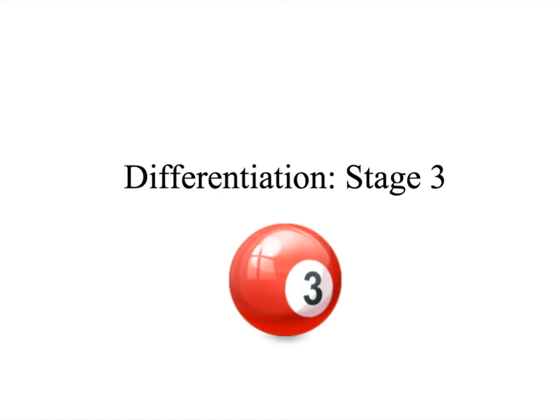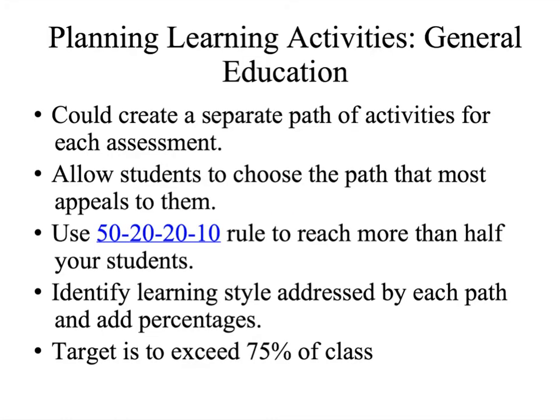Okay, last but not least, let's talk about differentiation techniques for stage 3 of your UBD unit plan, which is really going to involve the learning activities that you plan for students. So on the gen ed side of things, when you talk about differentiating learning activities, you're talking about options.